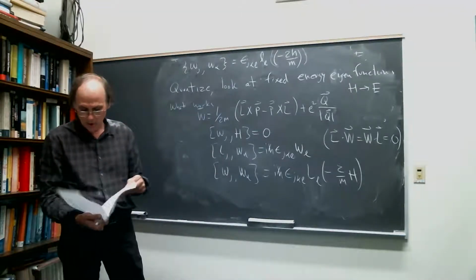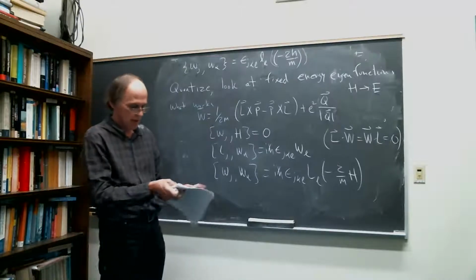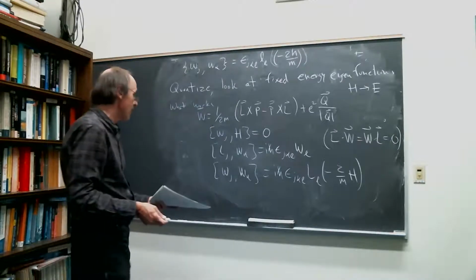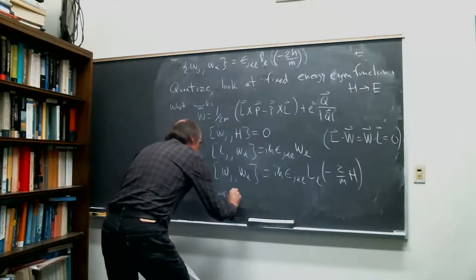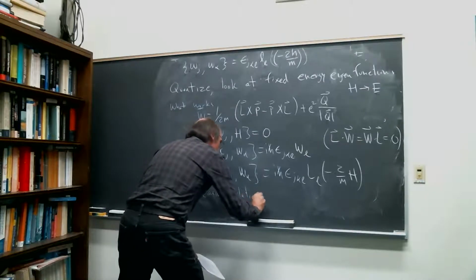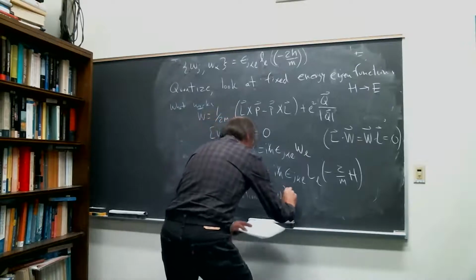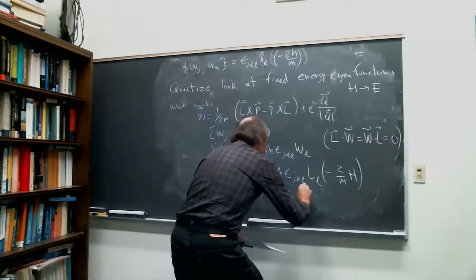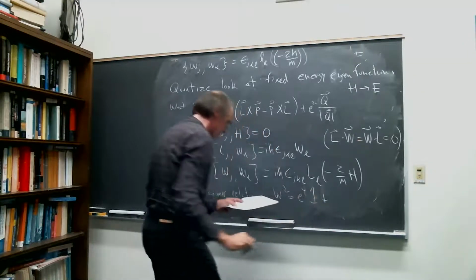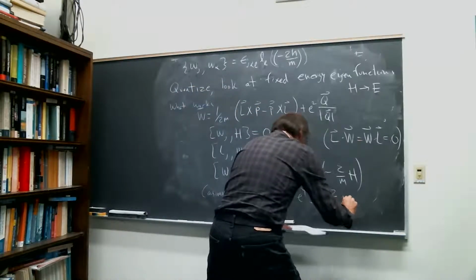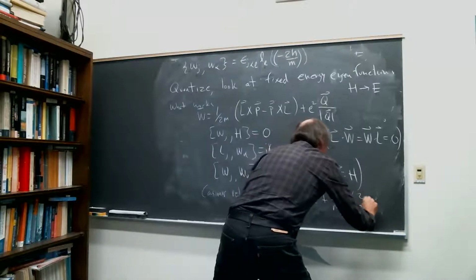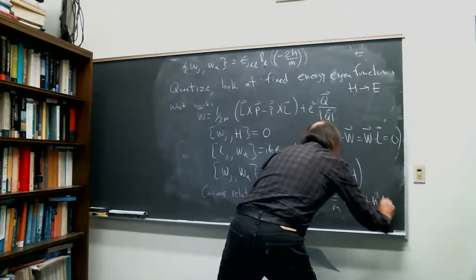And so what you do is you find the W squared, so that you get Casimir relations. W squared is equal to e to the 4th times the identity operator plus 2/m H times L squared plus h bar squared times identity.